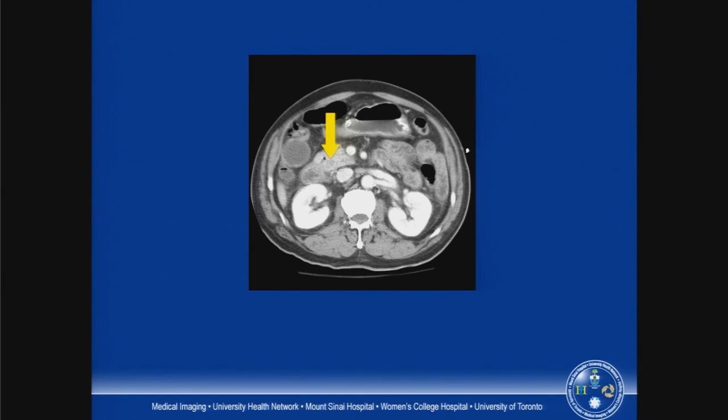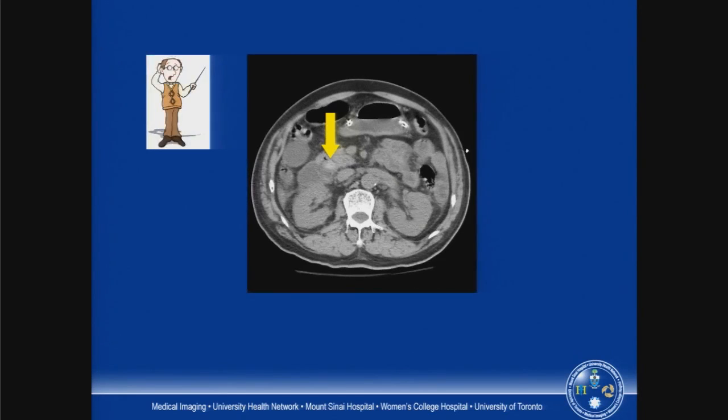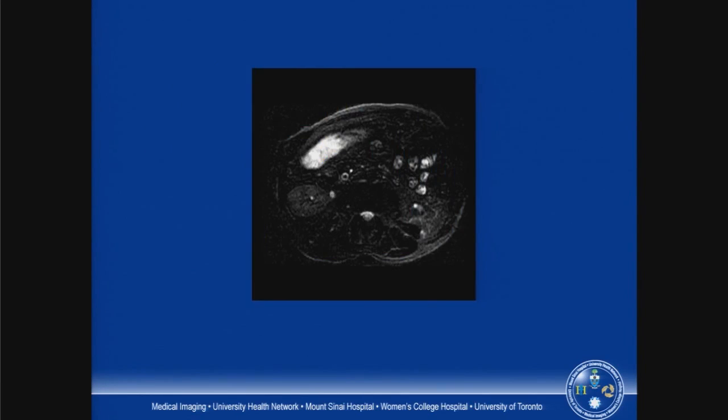The teaching point here is if you're going to use CT, looking at this enhanced image, you can't say if that's a stone or if it's enhancing tumor. So if you're going to use CT, you must use an unenhanced series. And then if it's a stone, it will be quite obvious to you. And of course, if you have access to MRI, it's very helpful.